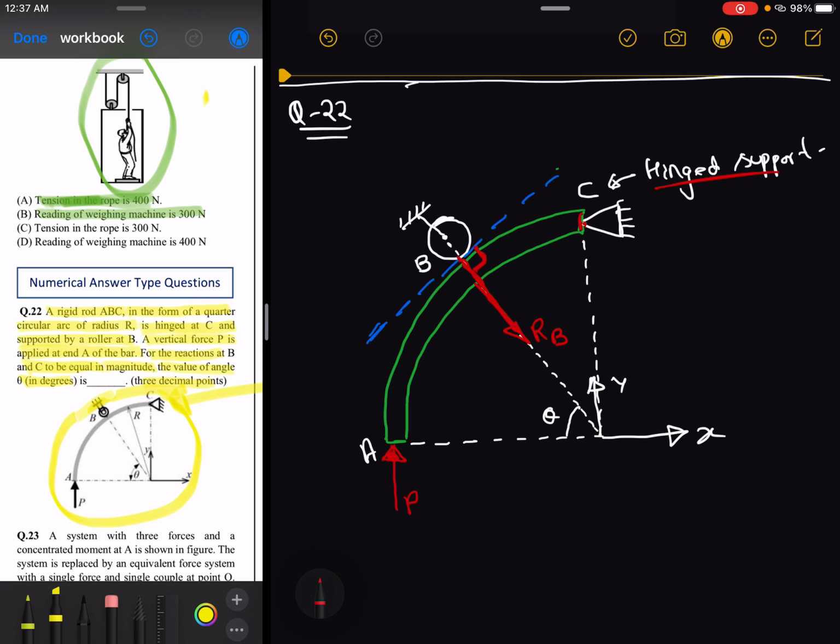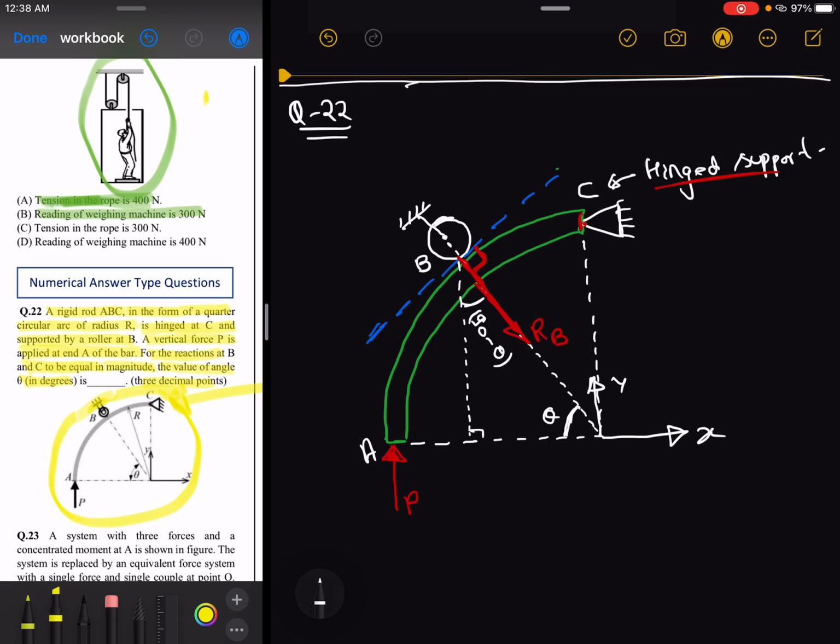So first of all, see here, I am drawing a little bit of construction here. I am joining this line like this, and this is angle 90 degree. So if this angle is theta, this angle will become 90 minus theta.